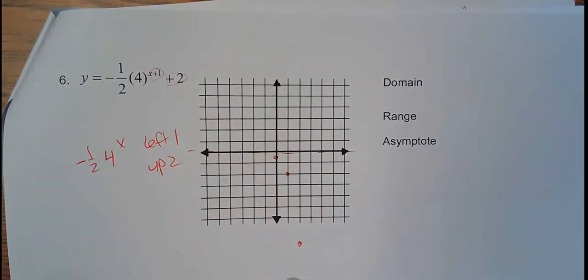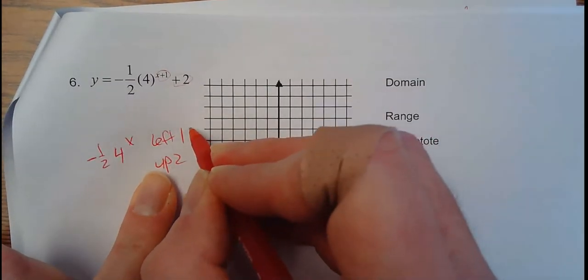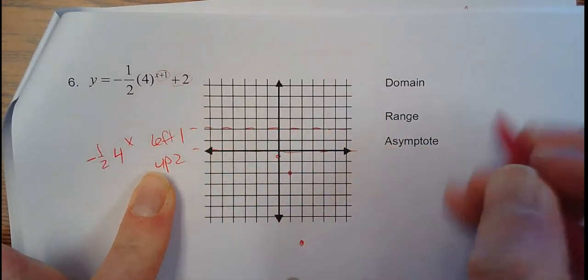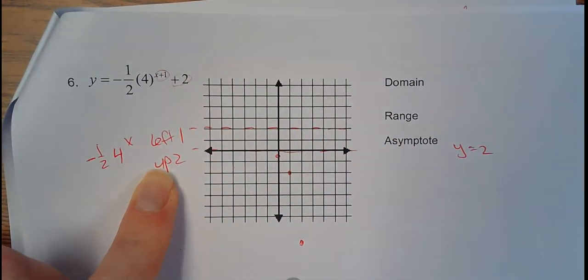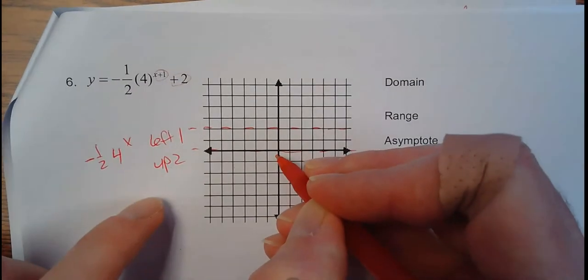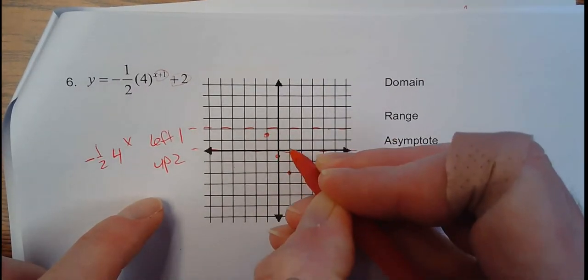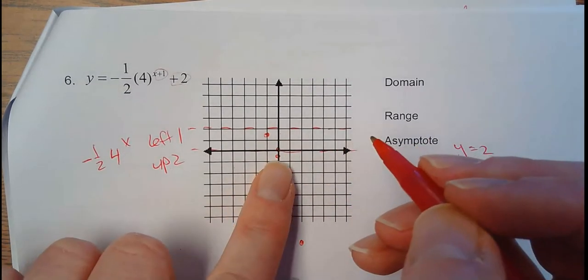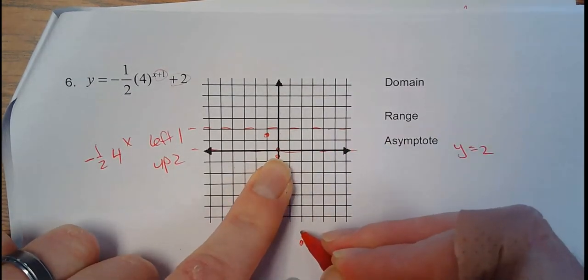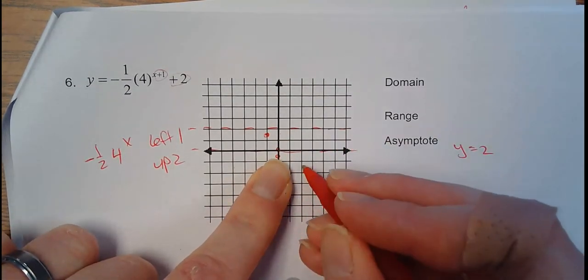But now I'm going to do some transformation. So first I'm going to go up 2. So my new asymptote would be up here at y equals 2. And all these points need to go up 2, left 1. So up 2, left 1. Up 2, left 1. Let's see. So it'll be a 6, 2, 4.